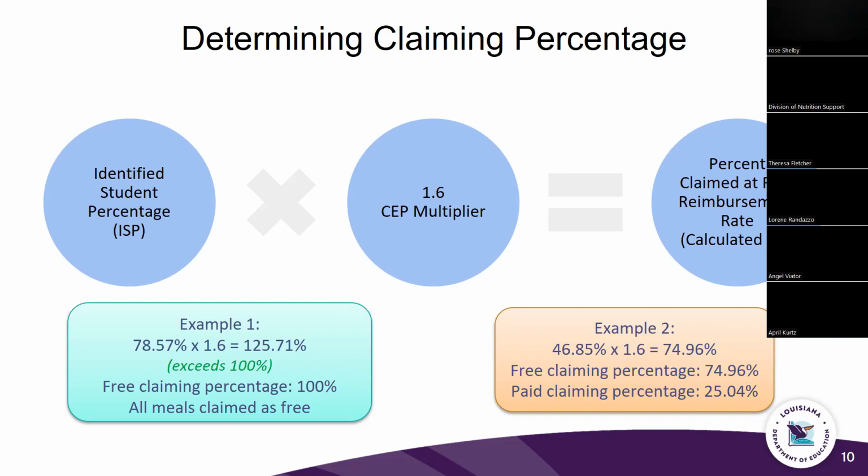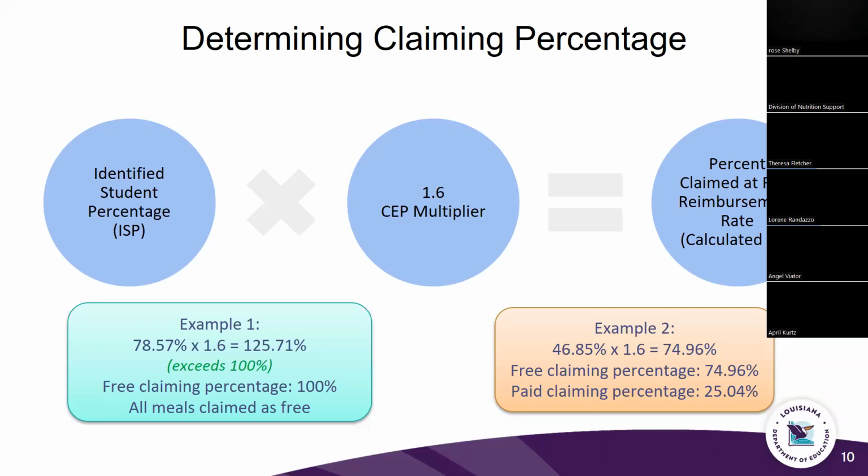In example 1, we will use the ISP from the previous slide, 78.57%, multiplied by the CEP multiplier of 1.6, equals a claiming percentage of 125.71%. This percentage exceeds 100%, therefore all meals can be claimed as free.